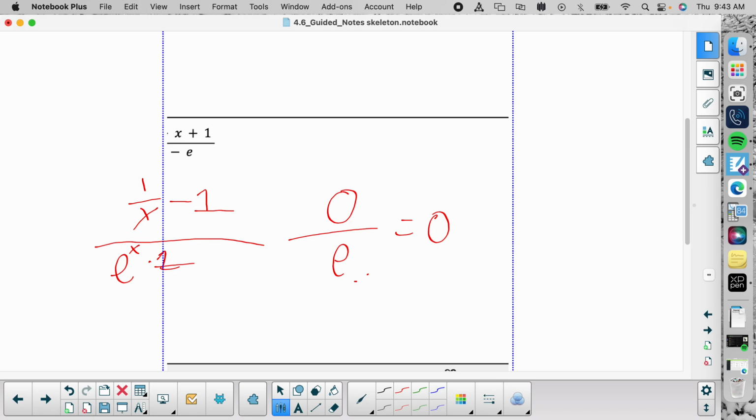And you shouldn't. You have to figure out the answer for the top and bottom, because 0 over a number is an answer. And even if you get a number over 0, that's an answer as well. It's undefined. You have to have an indeterminate to use L'Hopital's.